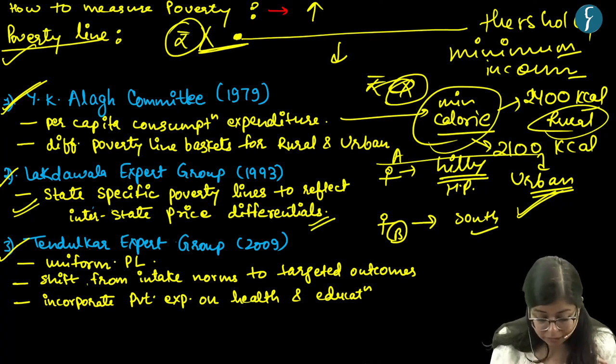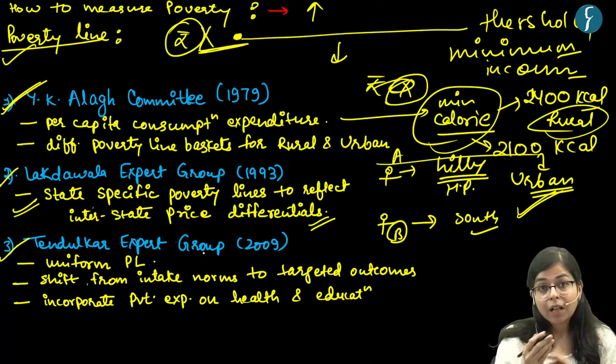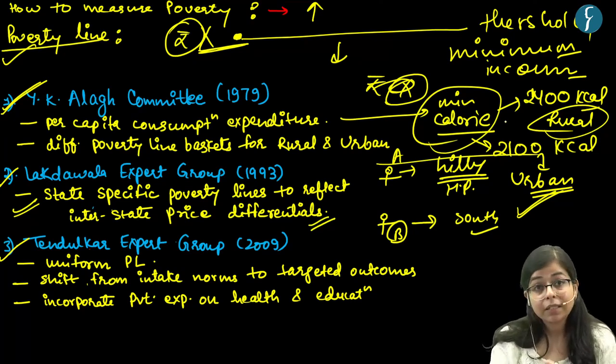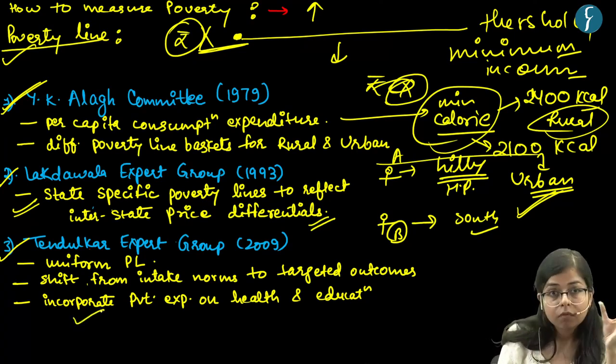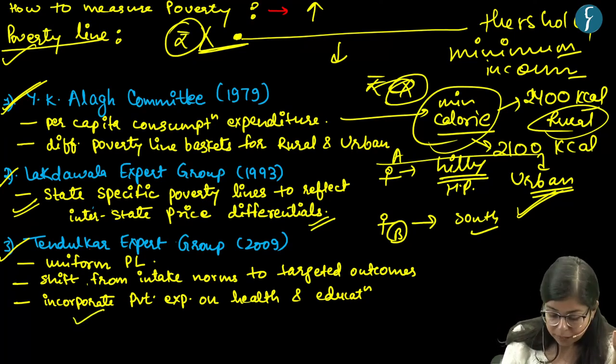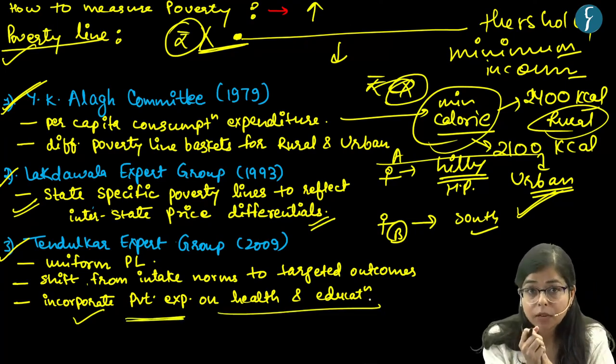Now this Tendulkar expert group said that apart from including this calorie based intake norms in the poverty line, there should be incorporation of private expenditure on health as well as education.